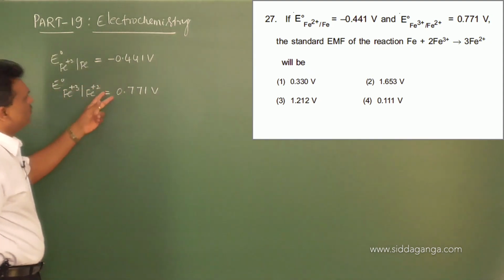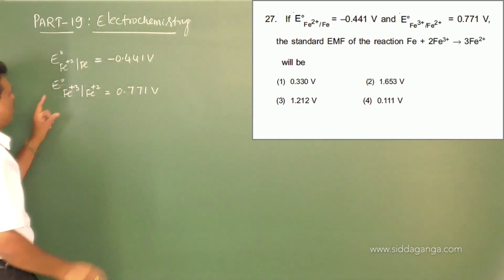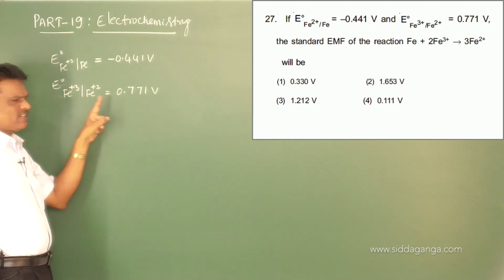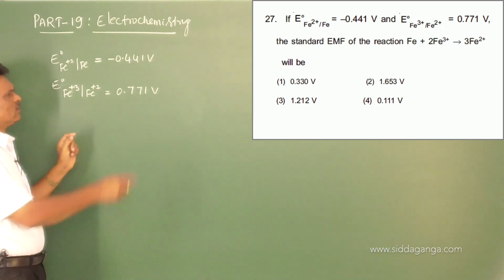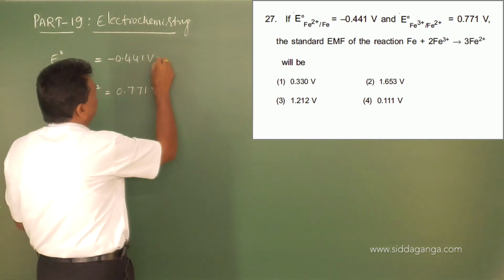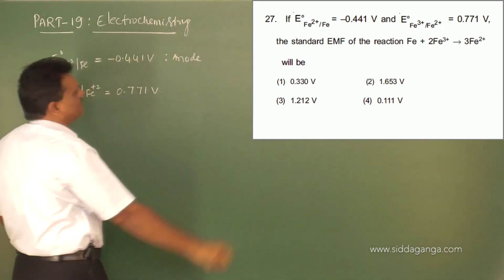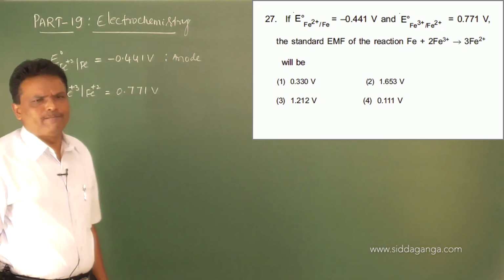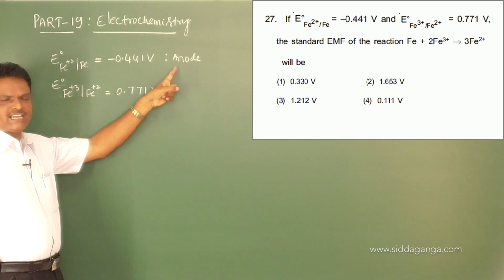So look at these two values. This is the standard reduction potential value of ferrous iron to iron. This is the standard reduction potential value of ferric ion to ferrous ion. Among these two, the one with the lower value acts as anode. The electrode with lower standard reduction potential undergoes oxidation, and that electrode acts as anode.